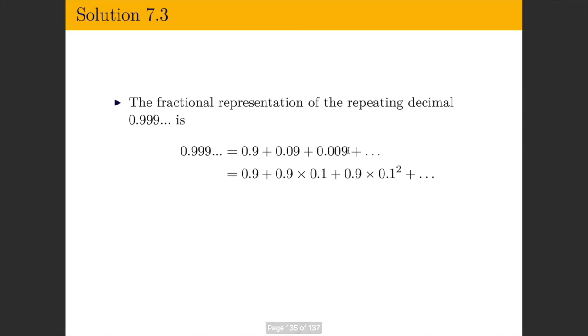And in the same way we dealt with the 0.7 recurring, we can write this as 0.9 plus 0.9 times 0.1 plus 0.9 times 0.1 squared. And again, it's a geometric sequence, so we can rewrite this as 0.9 over 1 minus 0.1, with our a being 0.9 and our r being 0.1, which of course has an absolute value less than 1. So we can make use of this formula.